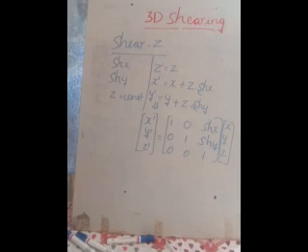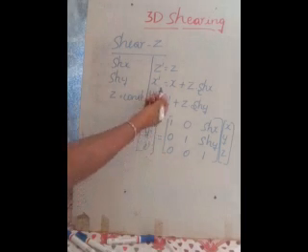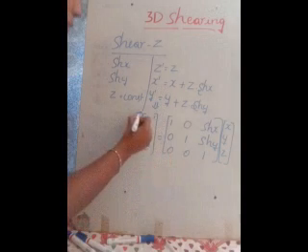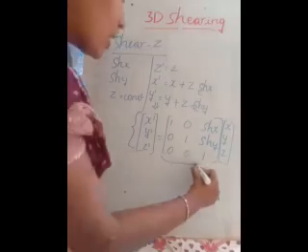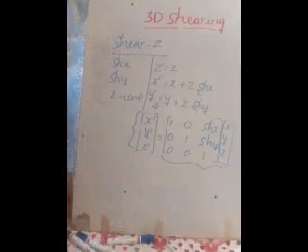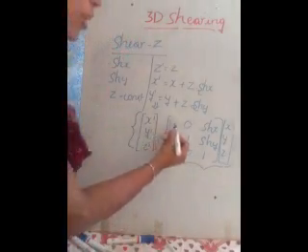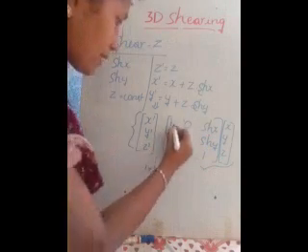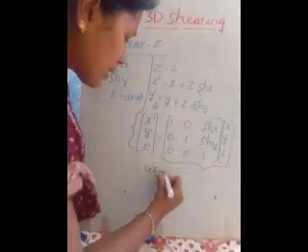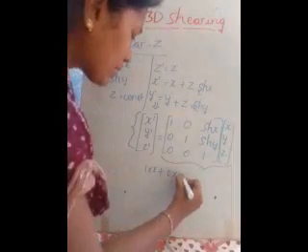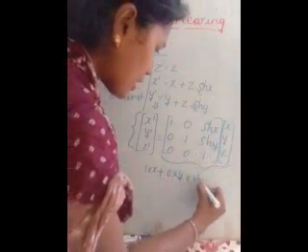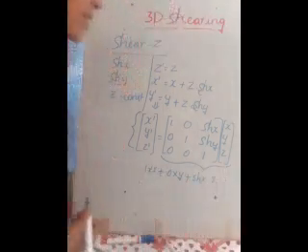Now we'll see how we get that formula from this matrix. What is the matrix given? If you want to get these new values, we have to use the matrix multiplication concept. So 1 into x, what we'll get? 1 multiplied with x, plus 0 multiplied with y, plus SHX multiplied by z.